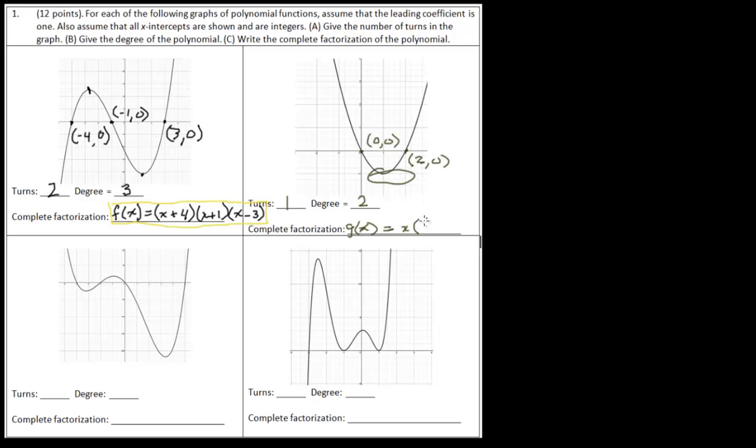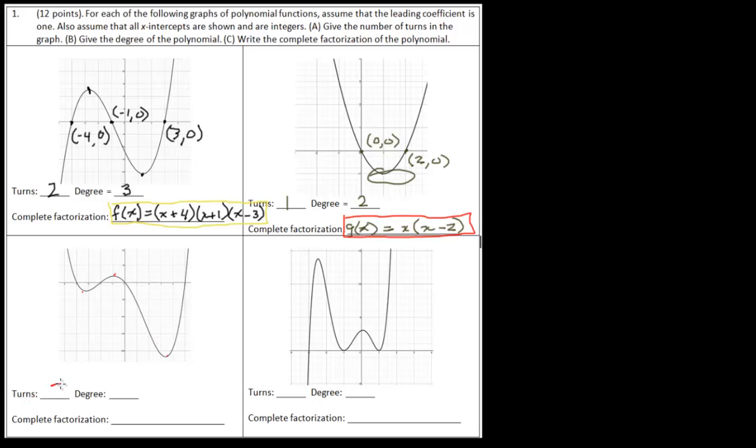And we have an intercept at 2, so x minus 2. And that's the complete factorization.